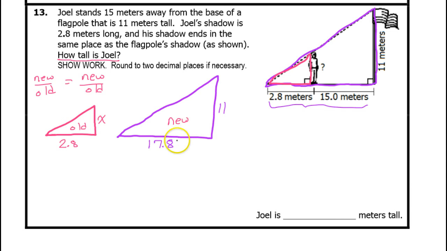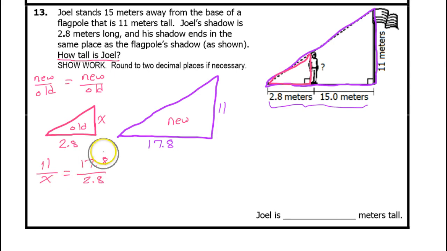Corresponding sides of similar triangles are proportional. So new over old would be 11 over x, for example, because these, of course, are corresponding sides. And then that will equal new over old again, so that's 17.8 over 2.8.